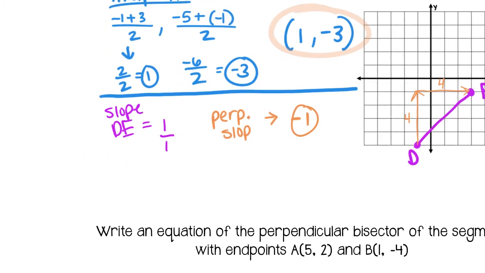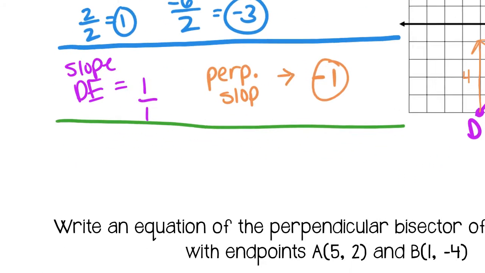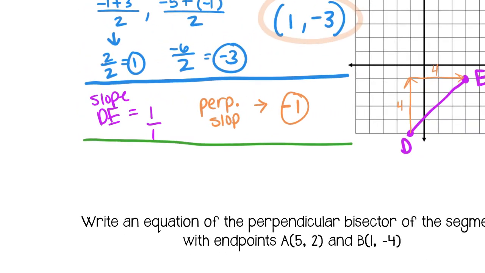So we have our new slope, and now the only thing left is to write the equation, and we're going to be using these two pieces of information in order to do that. So let's write out our slope formula. y equals mx plus b, and we're going to plug our stuff in, right? So our slope is -1, and then our x value is +1. I'm just getting those numbers from this point up here.